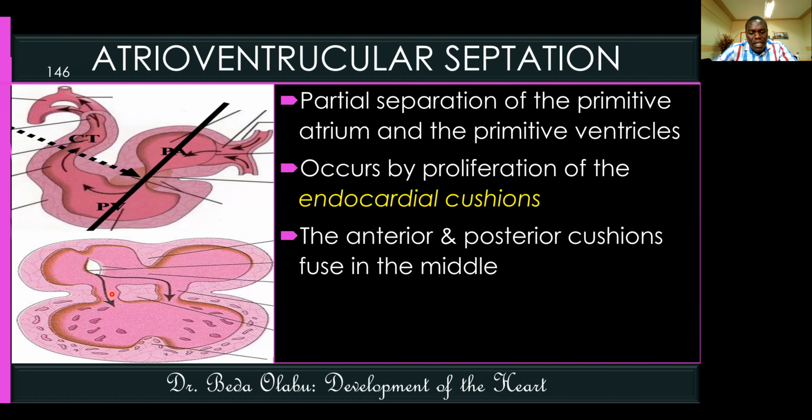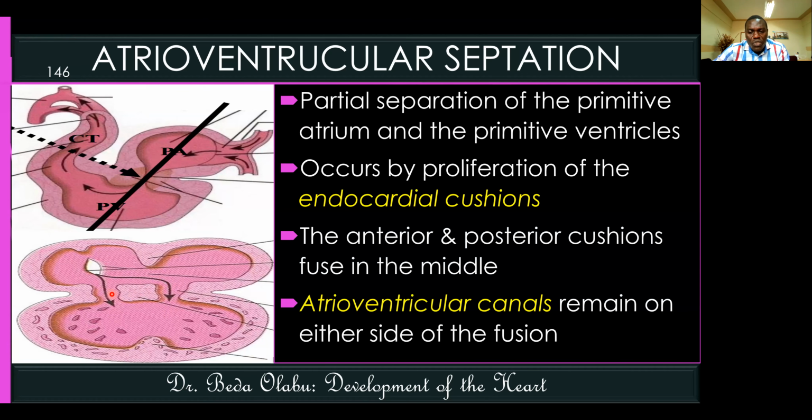Those two canals are the ones we are calling atrioventricular canal. The right and the left atrioventricular canal will form the future right and left atrioventricular valves. So we need the canals to be there. Therefore, blood enters through the right atrium like that and flows through the right as well as the left atrioventricular canal. That is atrioventricular septation.